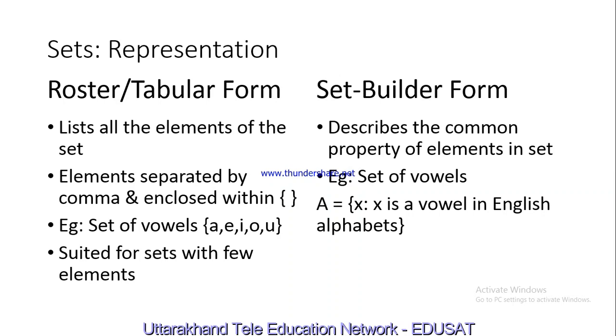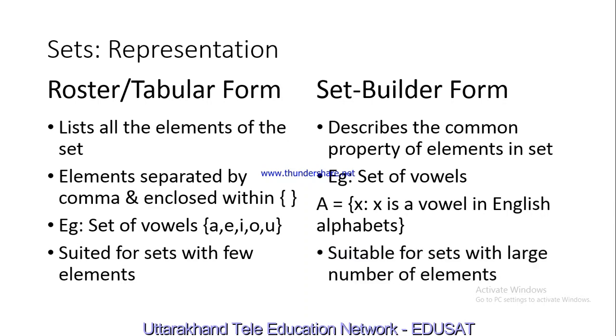We say this like this: A is equal to x such that x is a vowel in English alphabets. So what we have basically done is we have described the common property of all the elements. And the common property is that they are all vowels in the English alphabet. Is this understood? So this is how you represent a particular set using the set builder form.